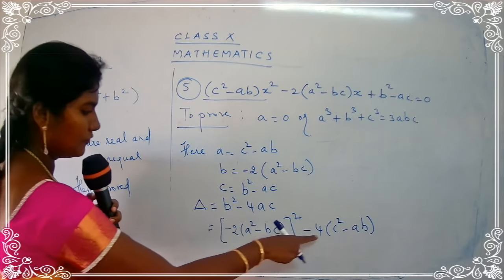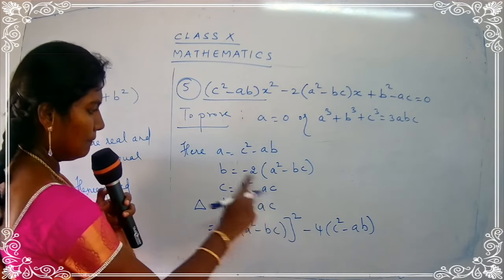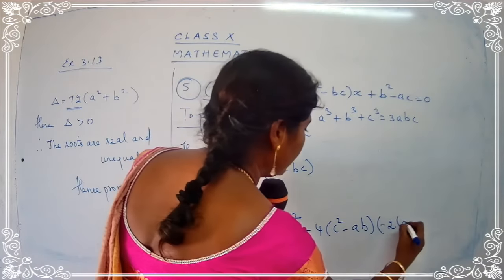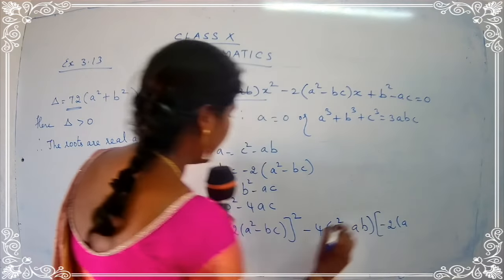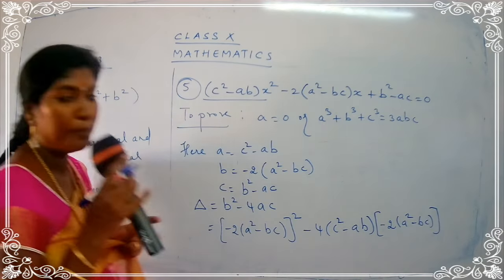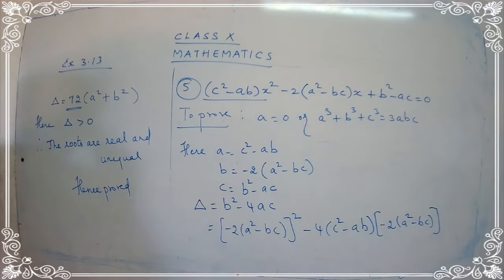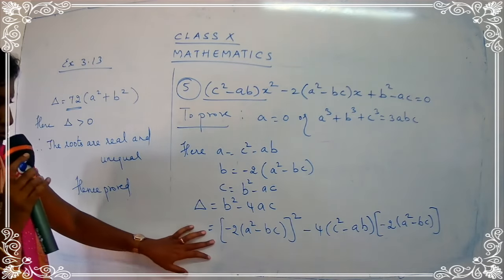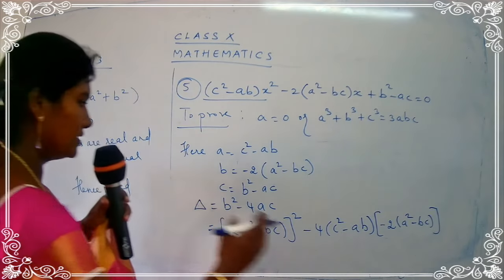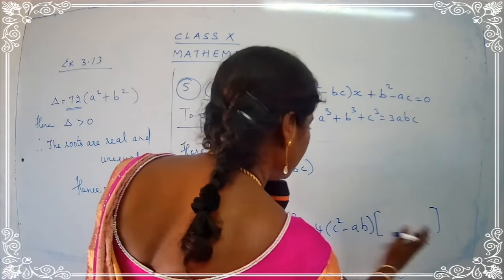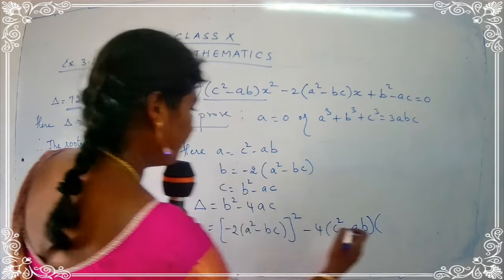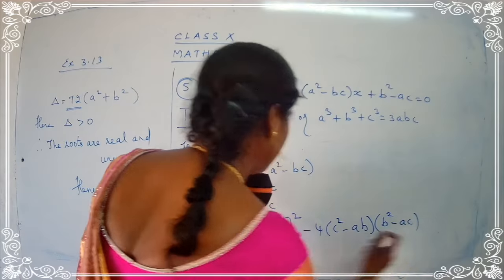Minus 4 into c square minus ab, and b square minus ac. Very, very important thing is to substitute the values correctly. Yes, we are making mistakes, so it's b square minus ac. Substitute and calculate carefully. B square minus ac. Okay, done.